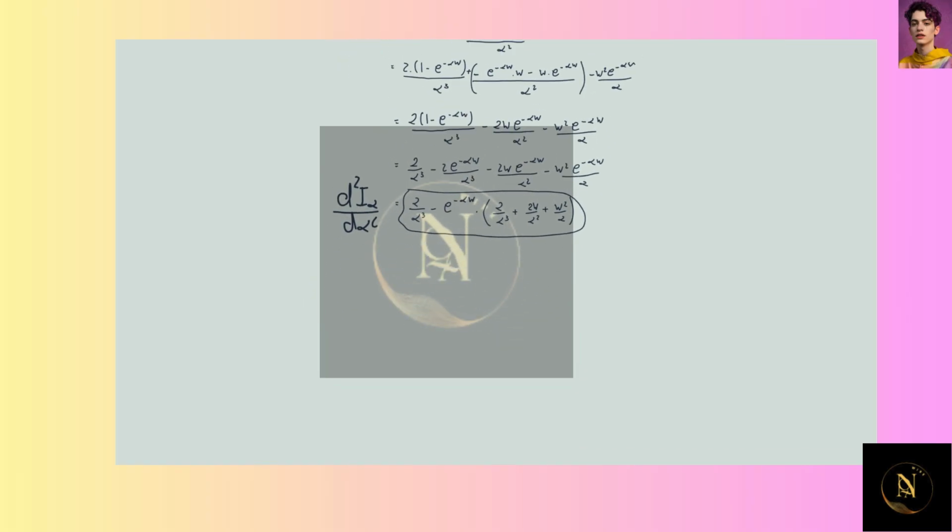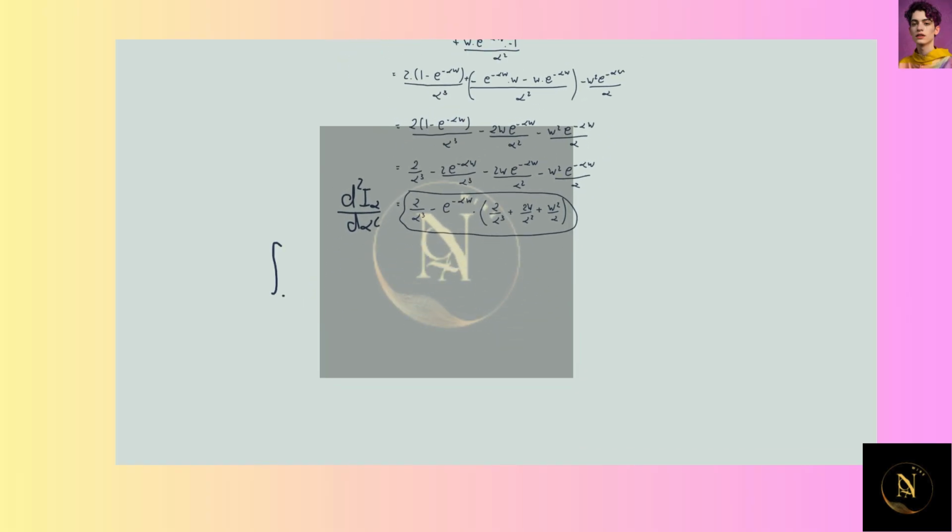So this is d squared I alpha over d alpha squared, and then we had the following. We had the integral from 0 to 2R divided by R0 of dv v squared e to the minus v. This is equal to d squared I1, so alpha equals 1, evaluated for a value of w that is equal to 2R over R0.